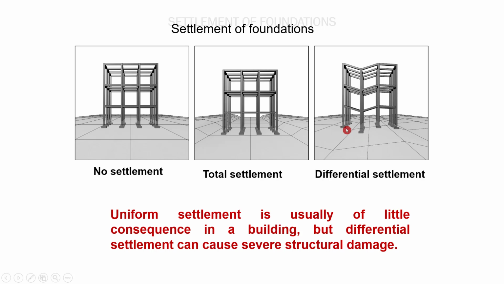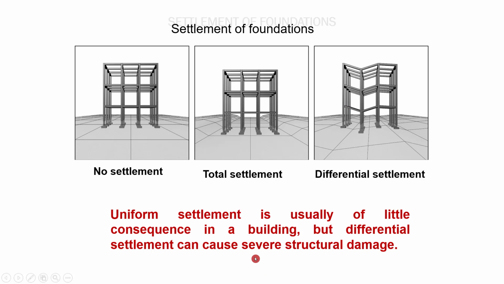So this differential settlement is very dangerous because this will create more stresses at the beam to column joint. You can see it was initially 90 degrees. Because of this differential settlement, it comes to around 80 or 70 degrees, which will be causing more stress to this connection, and this may lead to the collapse of the building too.